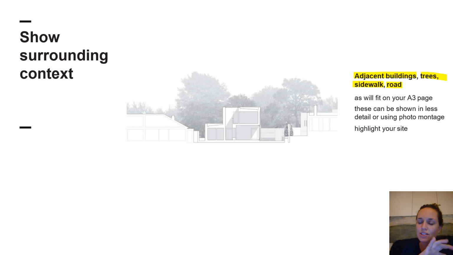We're dealing with a site that has some fairly specific context that we are responding to. So it's really important to show that on your page. You can show that using lines, or you can show it like the image here using photo montage. It's important to highlight also your site so that the viewer knows where they're focusing.